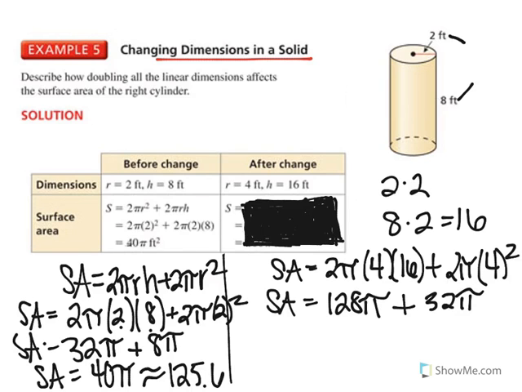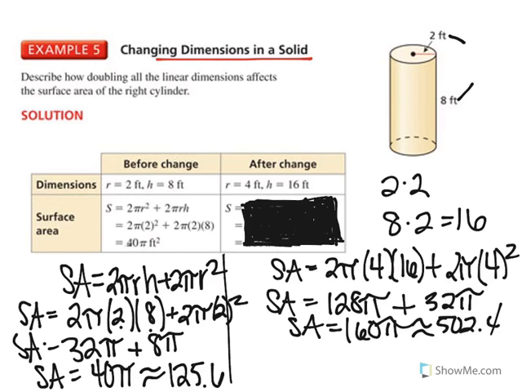So if you take 128 plus 32, you get 160. So 160 pi, which is about 502.4.